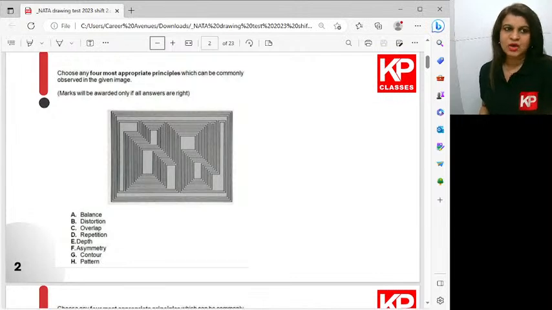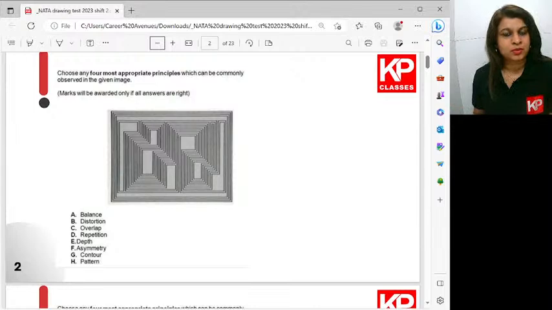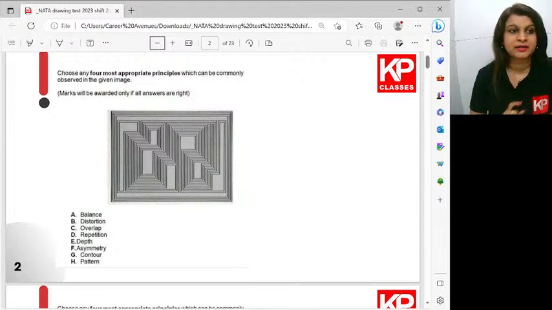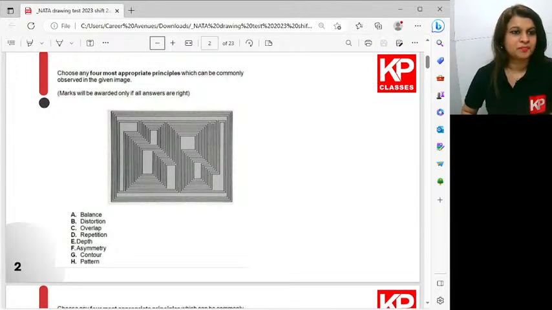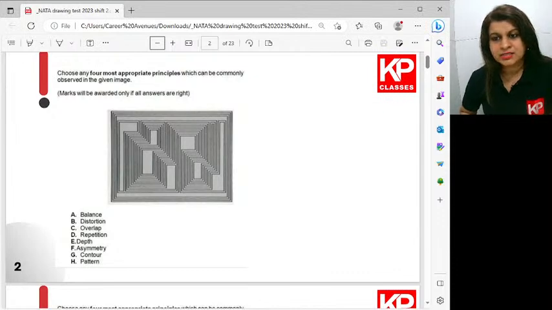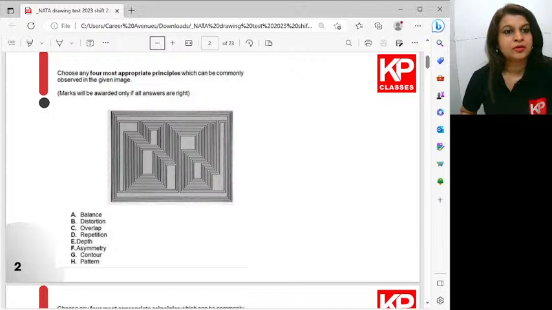Moving ahead. So we have the first question. I just want to remind you that we only have the cognitive drawing test, the questions which are related to drawing. We only have those questions over here. So, as we are seeing on our screen, choose any four most appropriate principles which can be commonly observed in the given image.